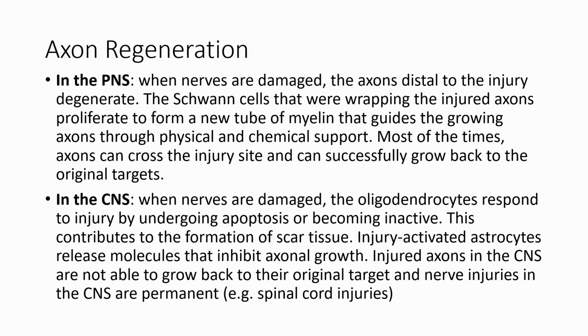So basically what we're saying here is, let's say you injure a nerve in your wrist, and it's supposed to continue down your pinky. Let's talk about the ulnar nerve. The ulnar nerve runs along the ulna down through your pinky. Let's say we damage the ulnar nerve at the wrist. The axons in the hand and in the pinky will degenerate. But the Schwann cells that were around those particular axons are going to start building up.